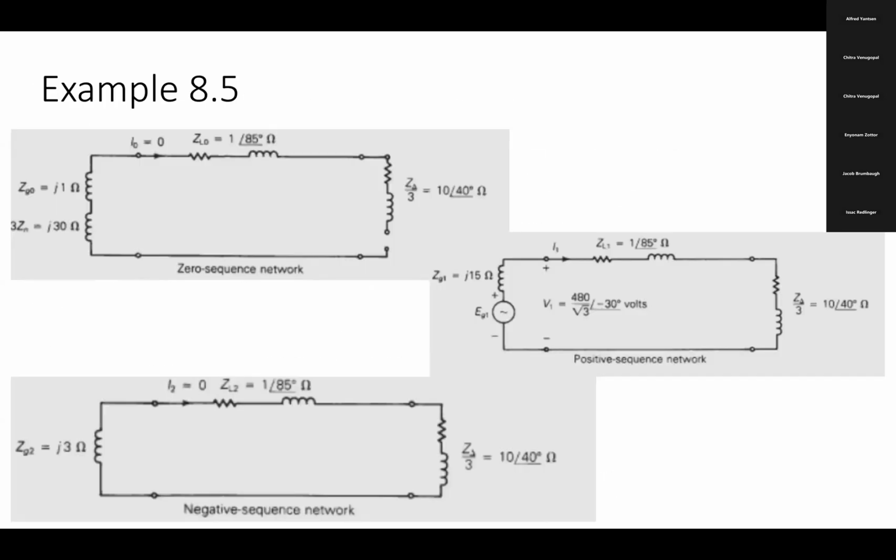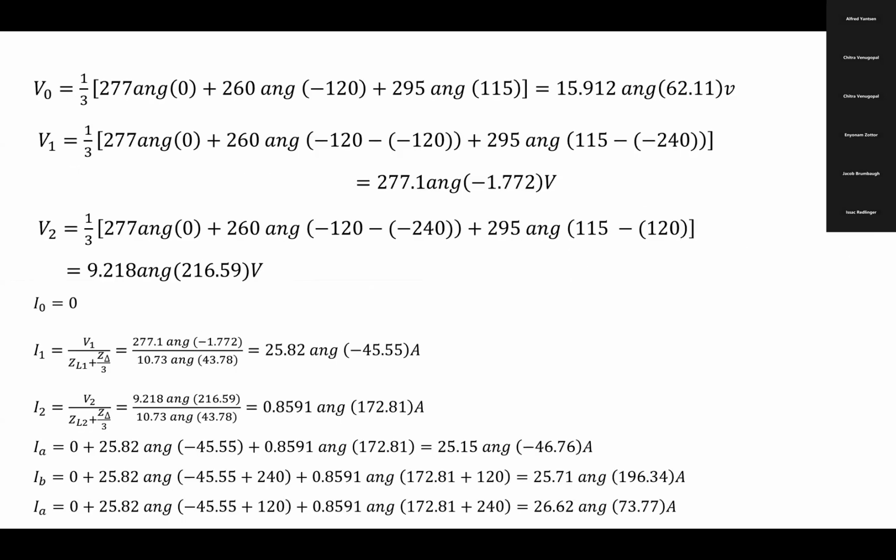Here, for I2, we don't put the voltage source in the network. Are these the same? This is 8.5, you're going over 8.6. Are they the same? It is the same problem, a continuation of the same problem. So for I2, we have the voltage V2 here.